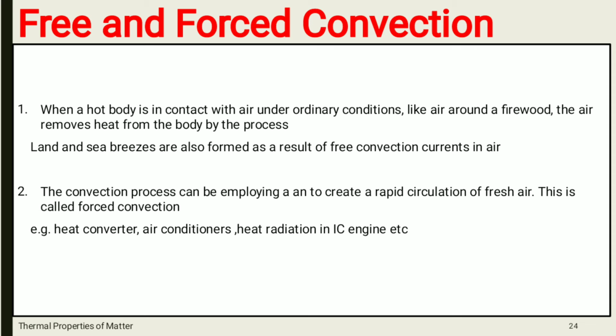Land and sea breezes are also formed as a result of free convection currents in air. The convection process can also be employed to create a rapid circulation of fresh air. This is called forced convection. Heat exchangers, air conditioners, the fans we use in our rooms, and heat radiators in an IC engine are all forced convection.